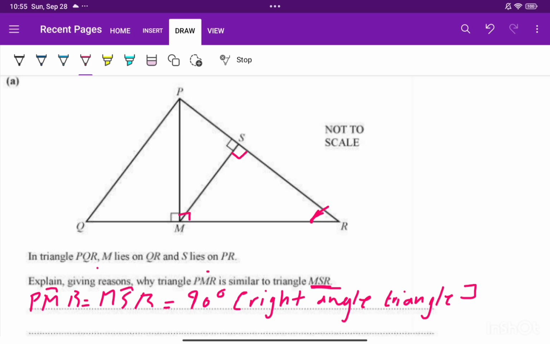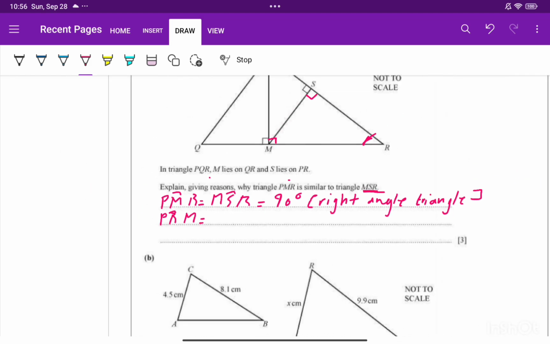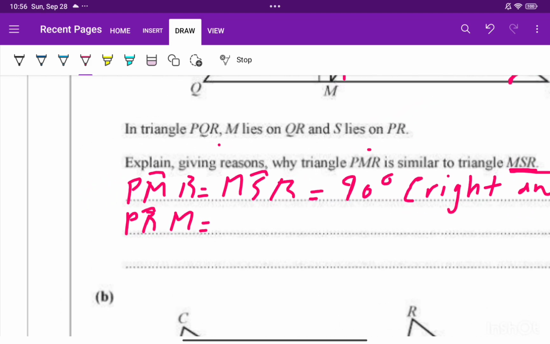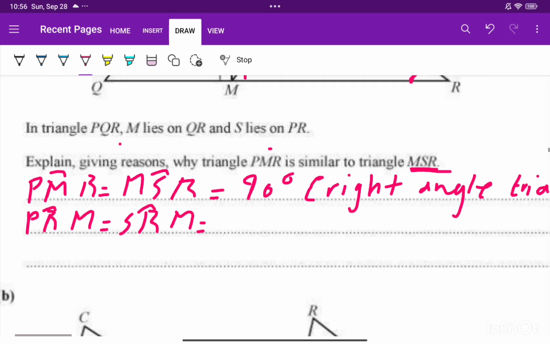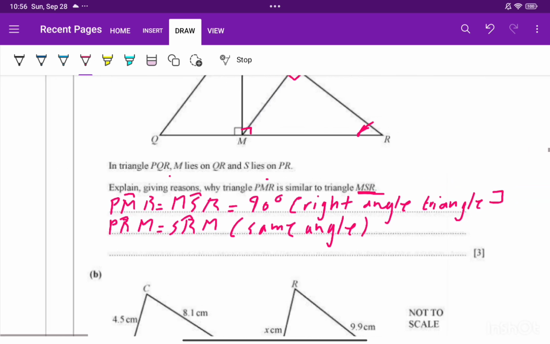So we can write PRM equal to SRM, because of the common angle in both the triangles.